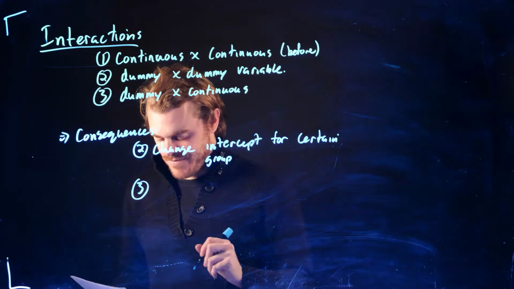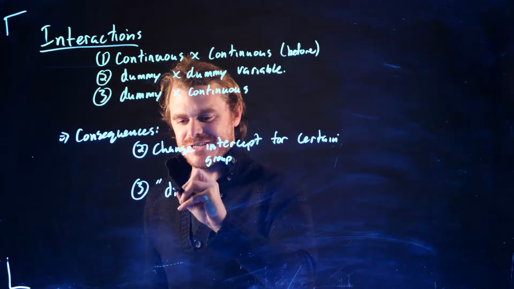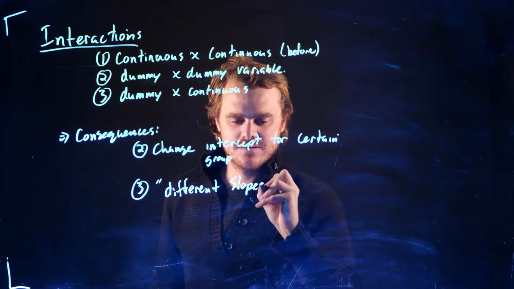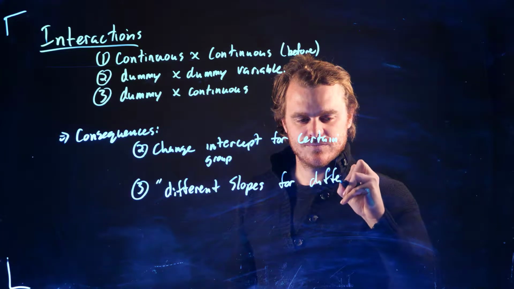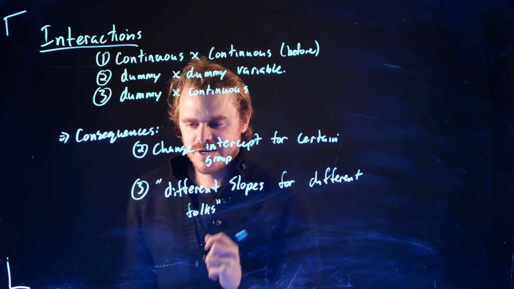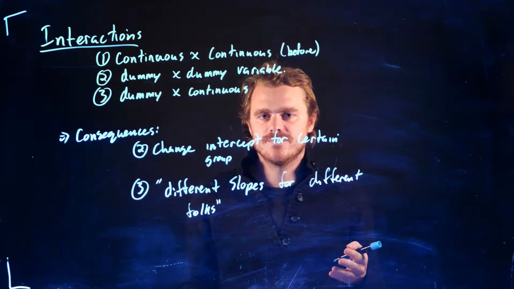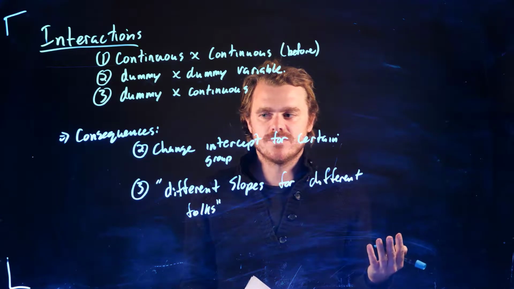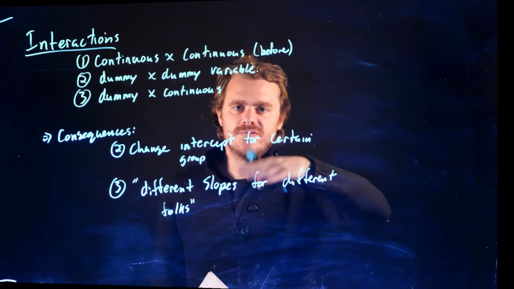And the consequence of 3, the language people usually use, is different slopes for different folks. It's going to change the slope of this regression function for certain groups, which might be a really useful modeling technique in a lot of situations. So let's quickly erase this and we'll give an example of each of these.